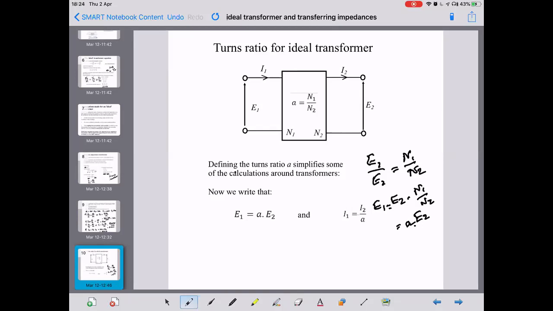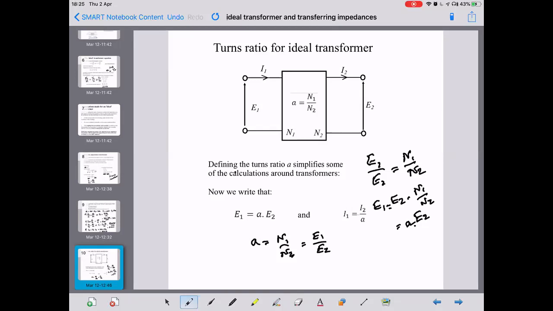A is actually equal to N1 over N2, and is equal to E1 over E2. So you can get that ratio from either the number of turns or the voltages. And then you can also write that I1 is equal to I2 over A.